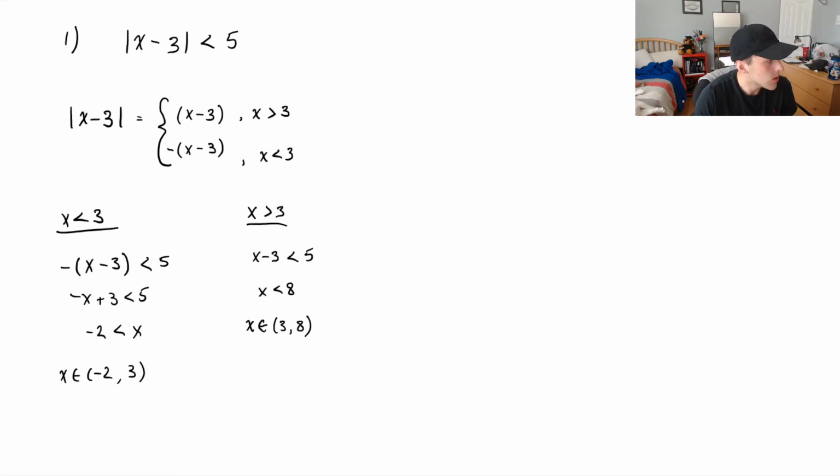So now, to get the final solution, we need to look at both of our solutions, analyze these, and throw them together. So you may be wondering, is it from negative 2 to 3, and then nothing happens at 3, like we need to combine both these domains, or can we just get rid of the 3 and say from negative 2 to 8? And this will depend on the course that you're taking, I would say, because it depends on how the absolute value function is defined.